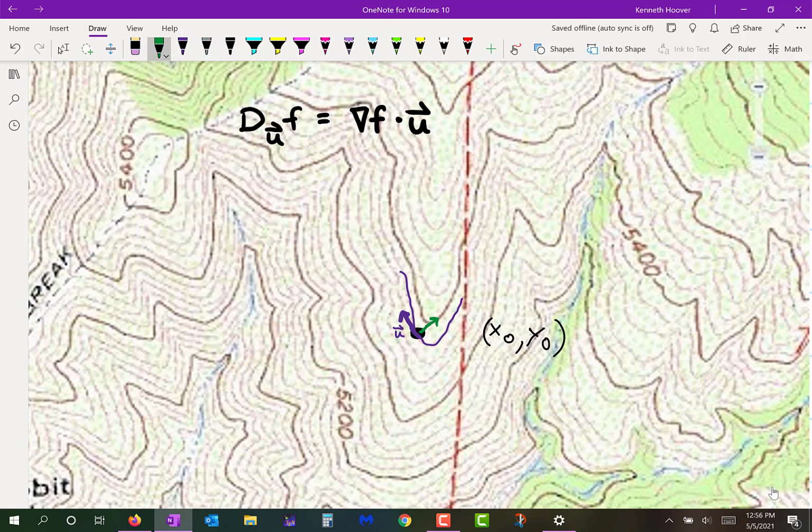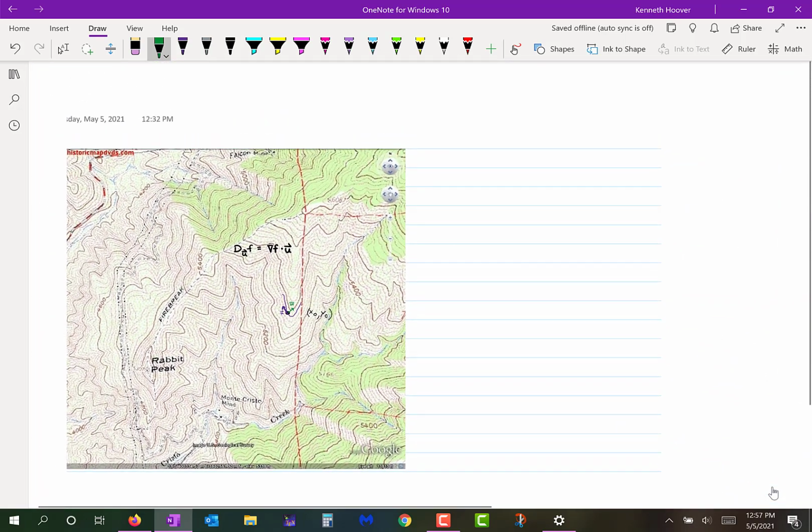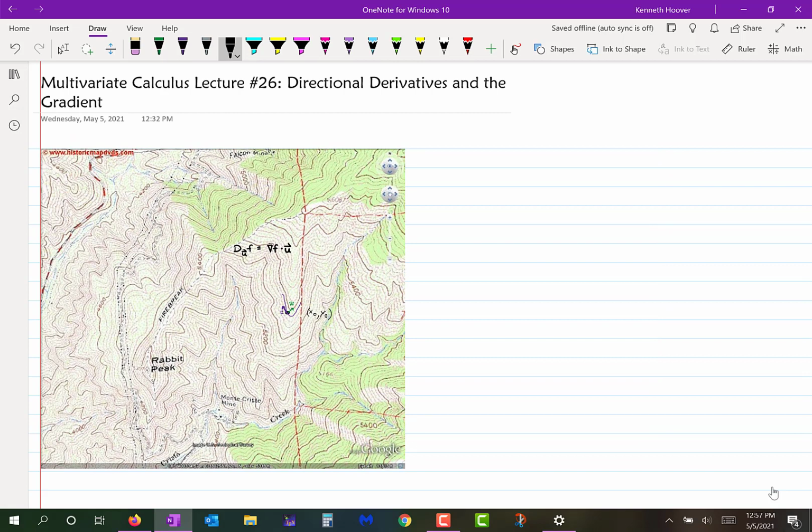Your height or your altitude would be staying the same if you walk in the direction of the purple vector u, which means the directional derivative would be 0, wouldn't it? So that means the dot product of the gradient and u is 0, and that means the gradient is orthogonal to u. Okay? So that's one interesting thing to remember.